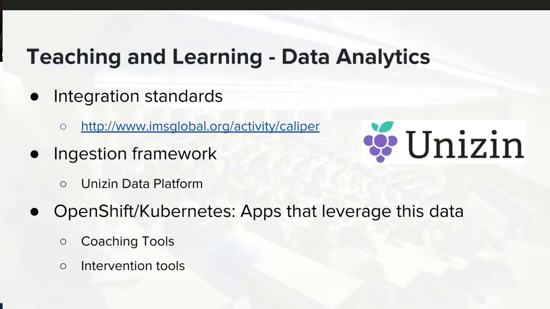And so the university put a lot of effort into helping to develop the Caliper framework, which standardizes events that come from multiple online educational tools like Coursera, like the MOOCs, like Piazza, like a lot of the custom testing frameworks that are out there, so that you're speaking a common language.